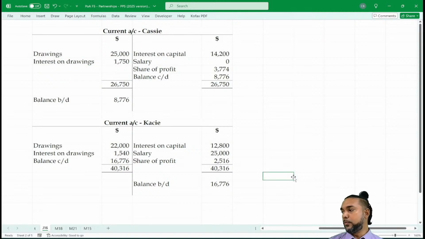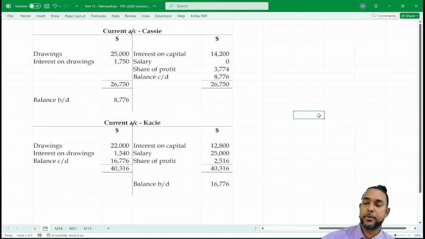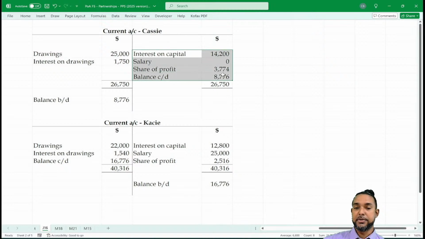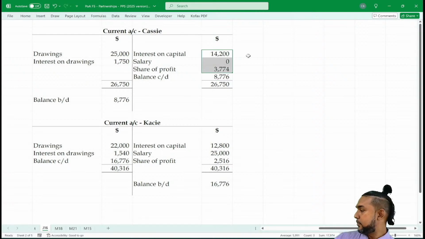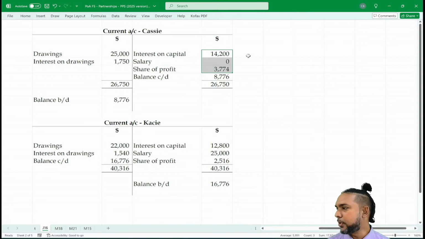Right, so what we saw here is that Cassie earned, what's that going, 25 or 26,000. No, sorry, 17 or 18,000. So Cassie didn't earn as much as she withdrew.